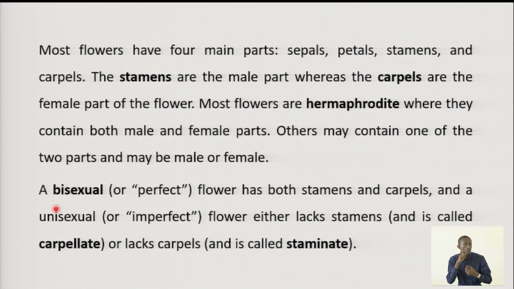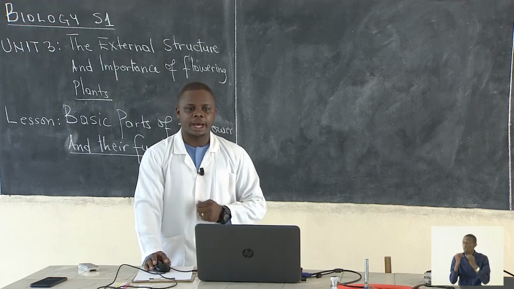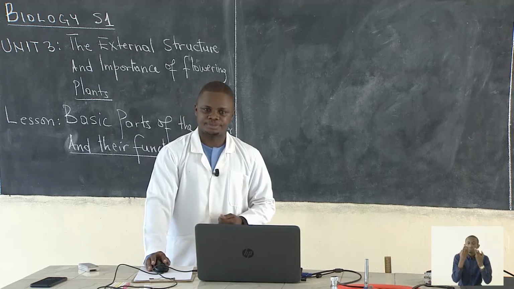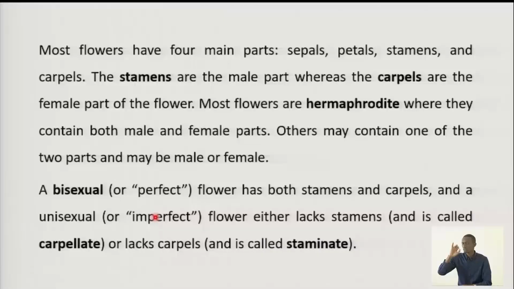If a flower has both male and female parts, it is a bisexual flower. And it means it has both stamens and carpels. When a plant has only one part, that means it is unisexual or it has one sex.